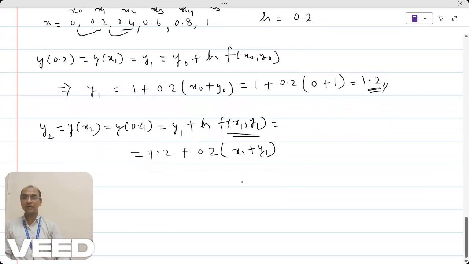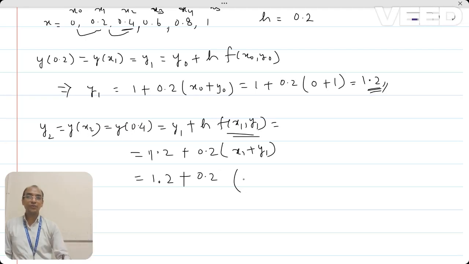And so finally, what you will get here is 1.2 plus 0.2. x1 is now 0.2, plus y1 is 1.2.